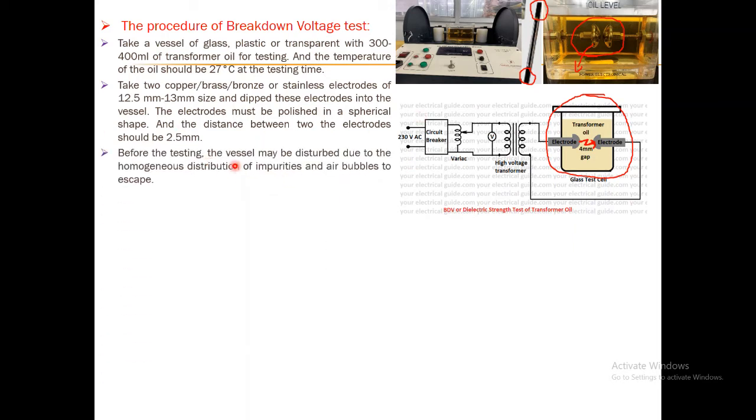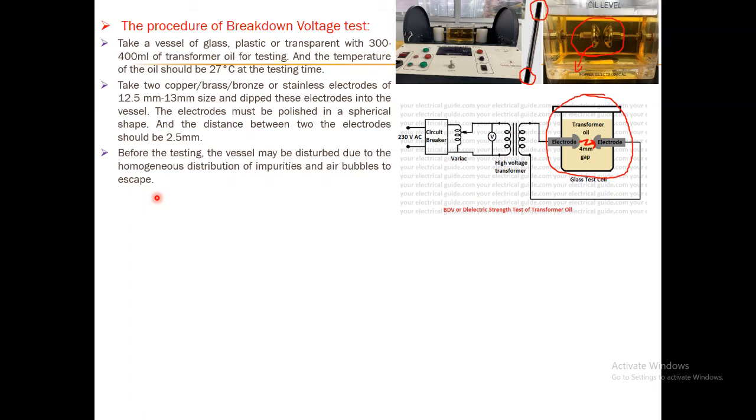Before the testing, the vessel may be disturbed to allow homogeneous distribution of impurities and air bubbles to escape. It is a simple phenomenon that when you are pouring the transformer oil, or any liquid, into the test vessel, you always find the production of bubbles. There might be mechanical vibrations, so you have to wait until all this settles.